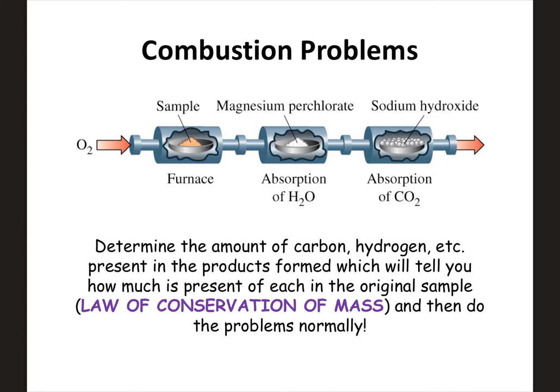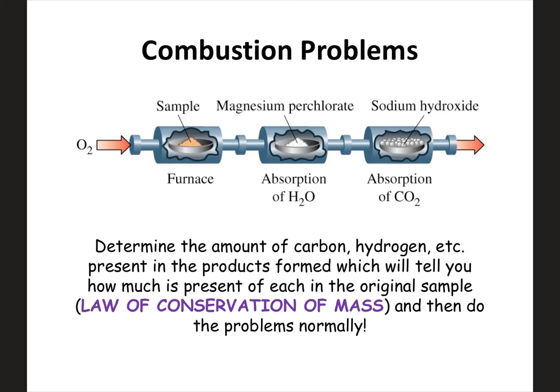The sodium hydroxide would absorb your CO2, and based on the beginning and ending masses of your sodium hydroxide, you would know how much CO2 was formed in this combustion, and then you could do the problem. I just wanted you to see this. I'm not saying this is something you would have to explain or replicate, but I want you to understand how they're doing this in order to get this information and calculate these problems.